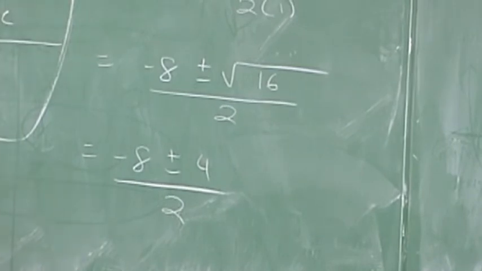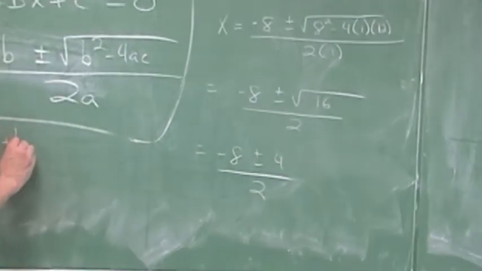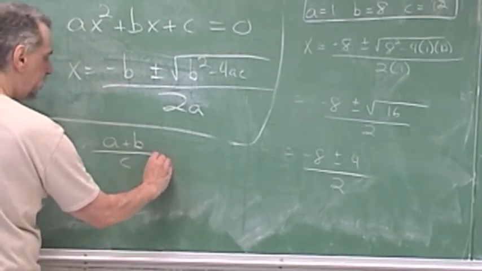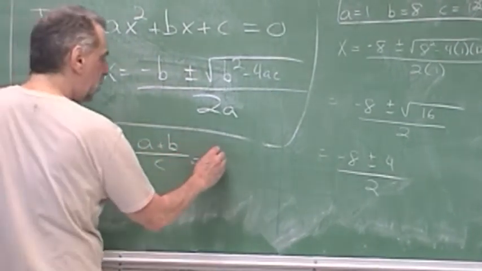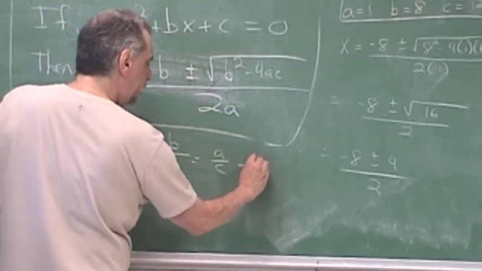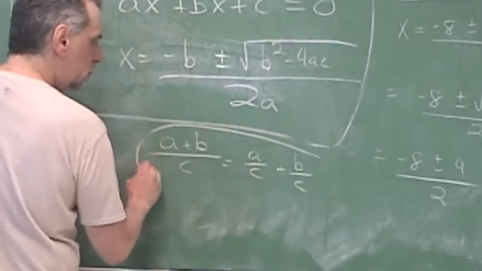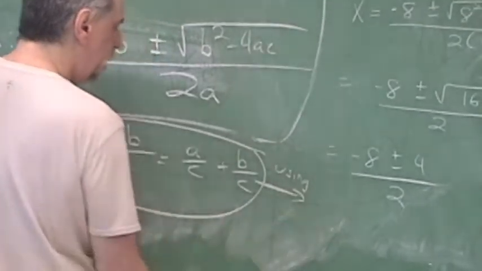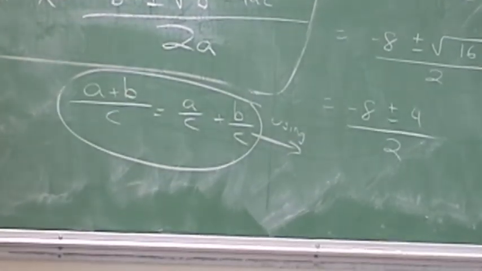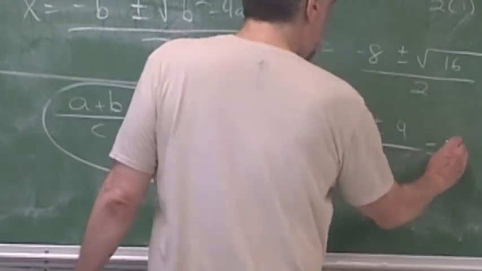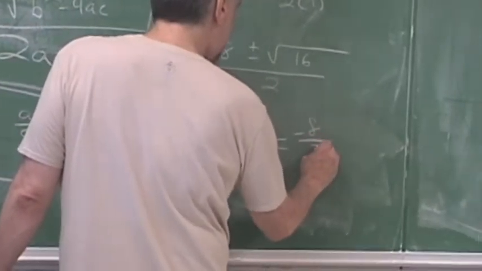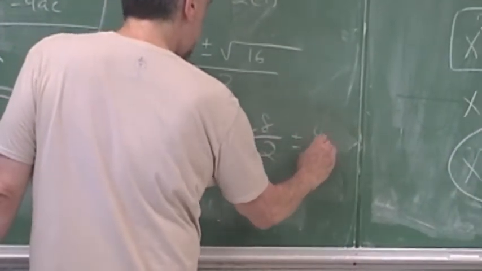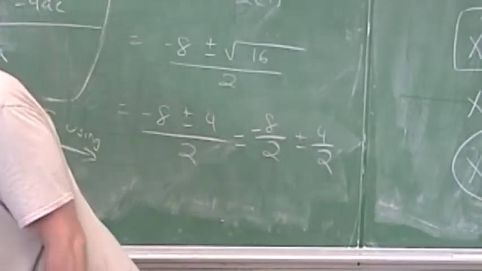So now we're going to use this idea where if we have the sum or difference over one same denominator, we can break that up into two fractions. We're going to break this up into two parts. Negative 8 over 2 plus and minus 4 over 2.